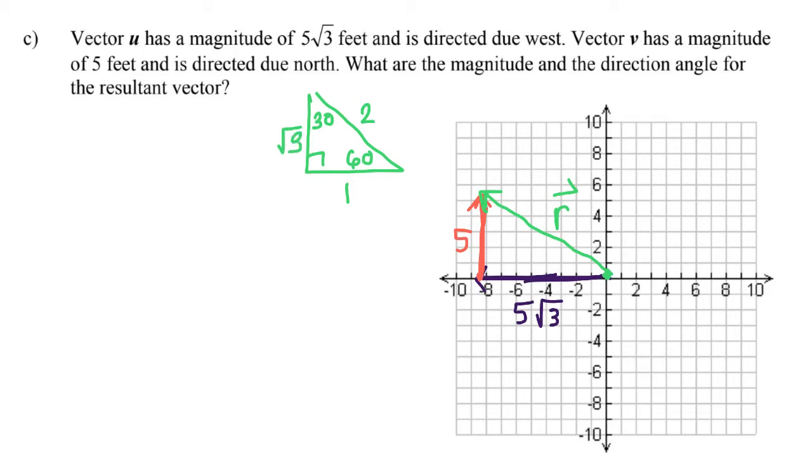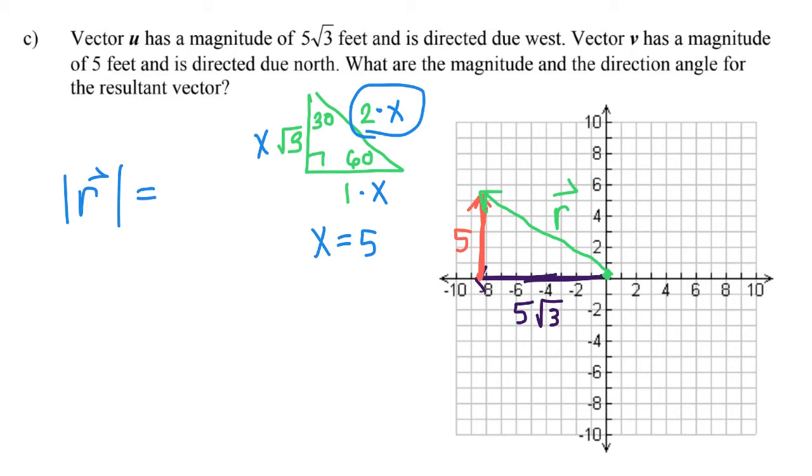We could make this into a formula by saying 1 times x, because if we multiply it all by the same amount, that works out nicely. So it looks like my x value here is 5. And so my resultant vector should be 2 times 5, or 10. So the magnitude of my resultant vector should be 10.